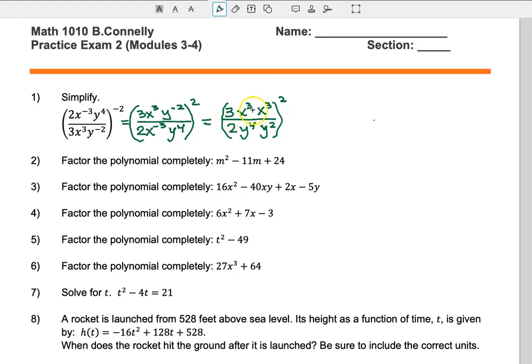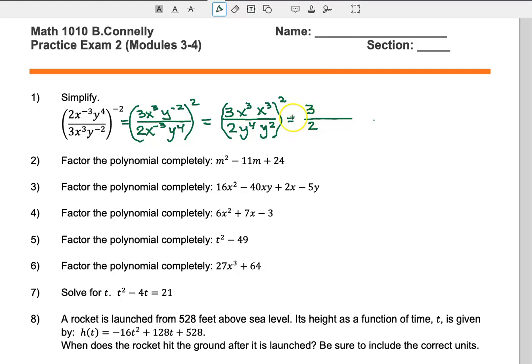Now for me, I like to simplify the stuff that's inside first before I distribute that power of 2 to everybody, but you can do it either way and it's going to give you the same answer, right? So I'm going to choose to simplify what I have inside here. So 3 and 2, that fraction won't reduce, but if it would, we'd want to reduce it, right?